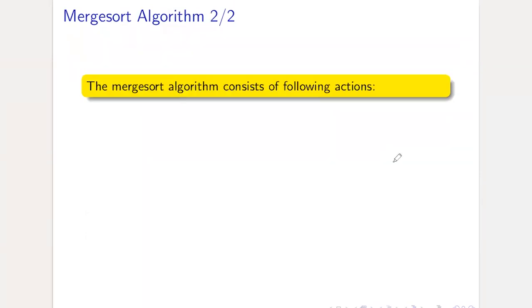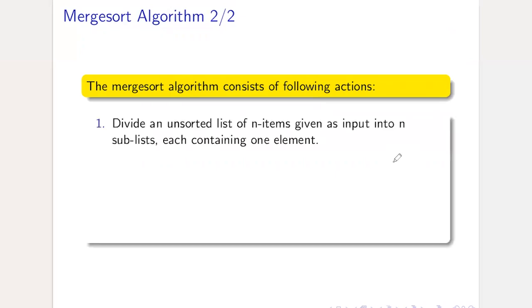If you look at the details of the merge sort algorithm, it has several actions. First one is, obviously, you get a list of items which are not sorted. So let's say n items, so that's an array of n items which are not sorted.